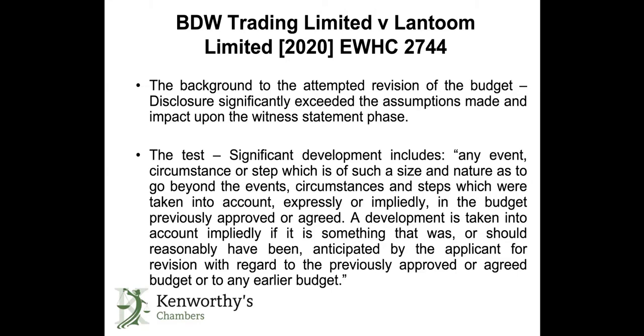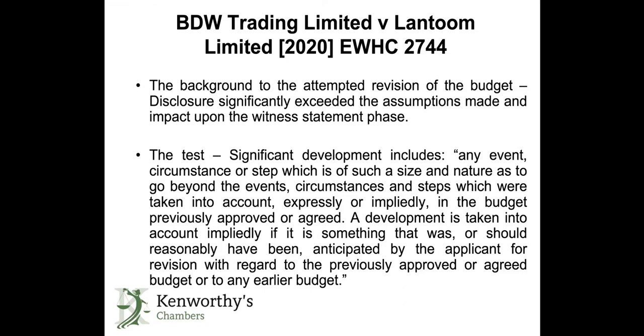The claimant sought a revision to its budget for disclosure, on the basis that the original budget had an express assumption that the claimant would be required to consider fewer than 50,000 documents.